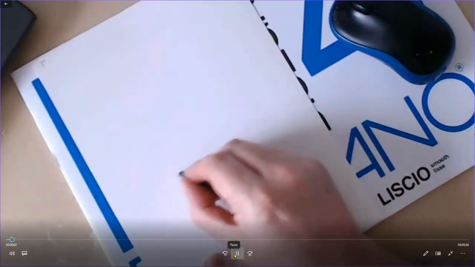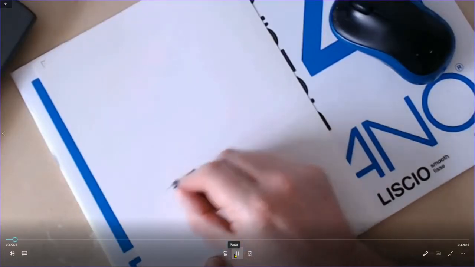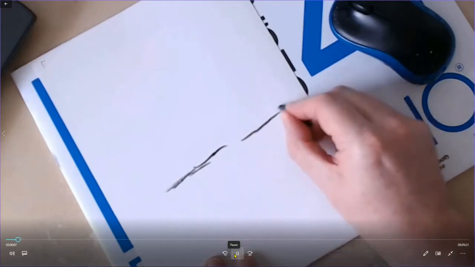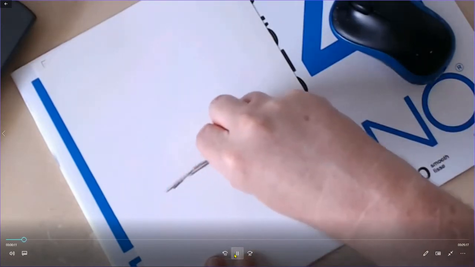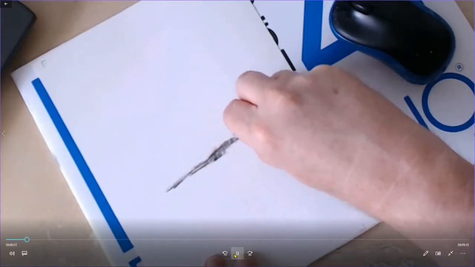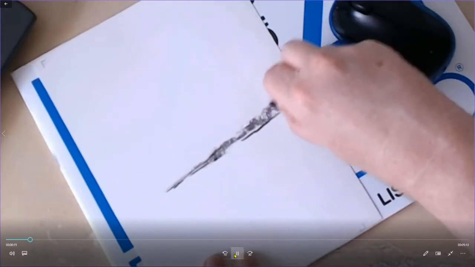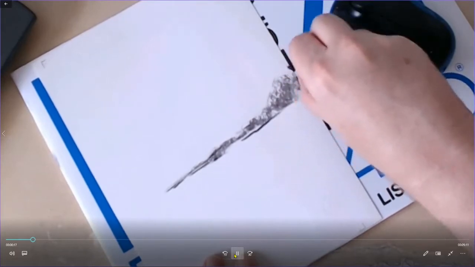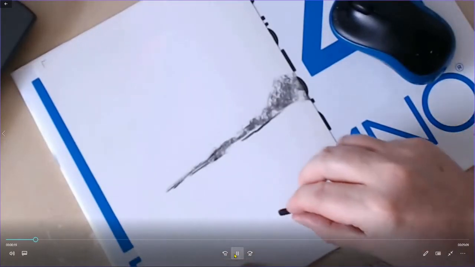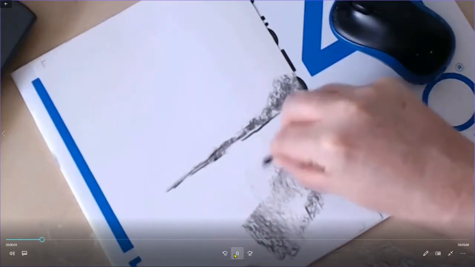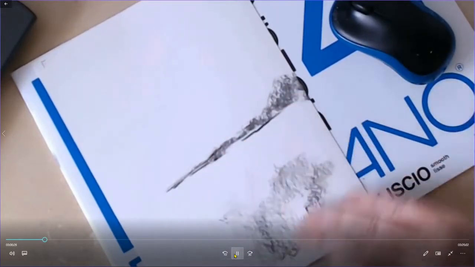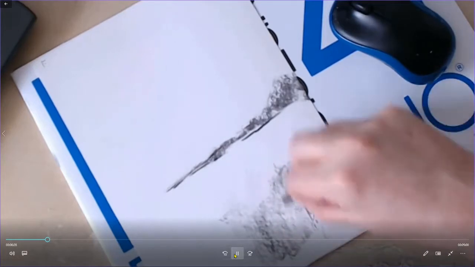Okay, so perspective. Two kinds of perspective we're going to look at. The first one is linear perspective, and the second one is a thing called aerial perspective. Perspective is one of those things that you can make as complicated as you want, but especially at the beginning when you're starting out, it doesn't need to be super complicated.